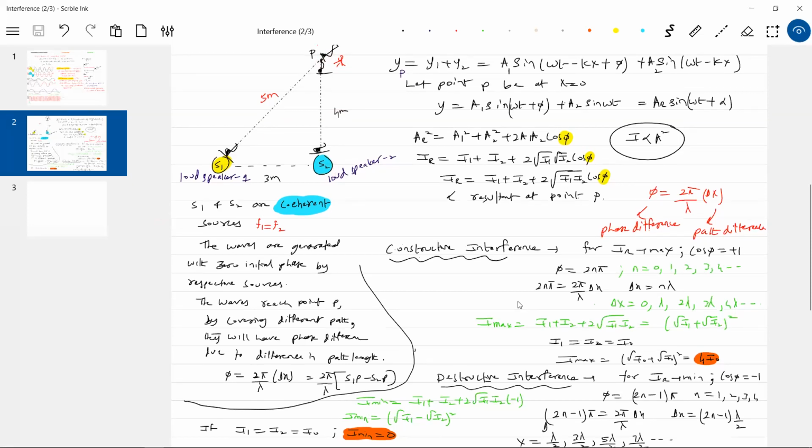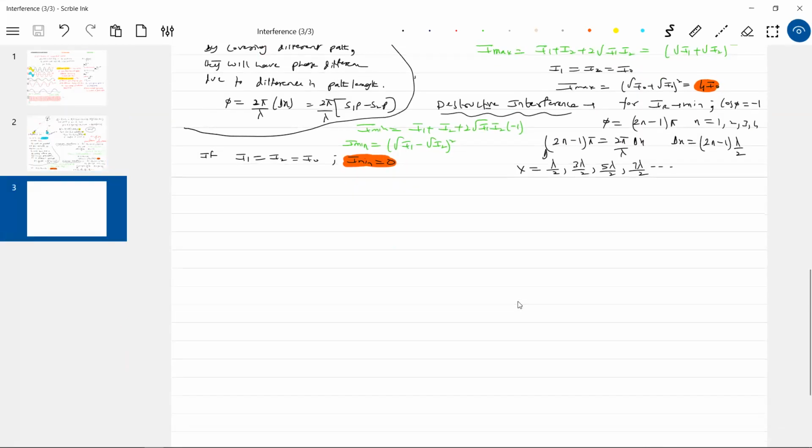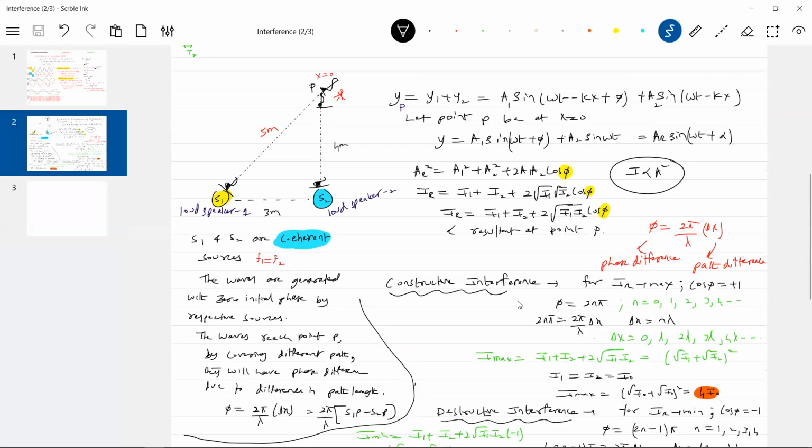Let the power of S1 be P1 and of S2 be P2, with S1 more than S2. Then the distances are such that the intensity at point P due to each individual source equals I naught. Okay, first I will switch off S2. Only S1 is on. I'll take this diagram.